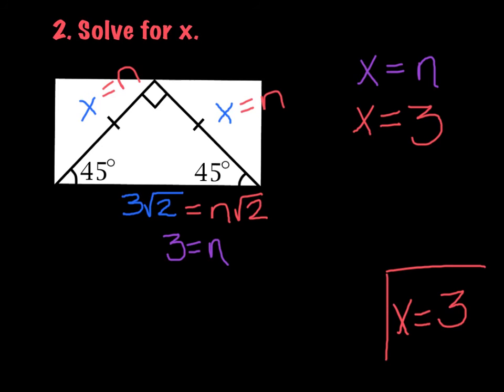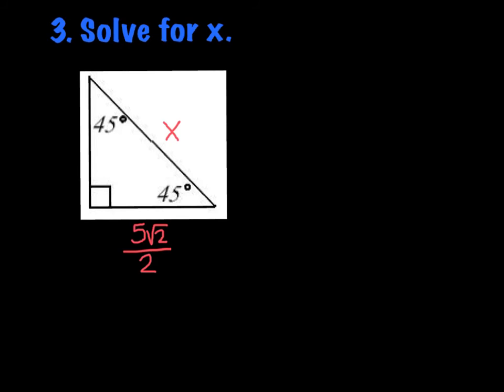Let's try one more. Okay, last problem. Now, once again, we're trying to find the hypotenuse. We're given the length of one of the legs, which we know is the same length as this one. Okay, so let's go ahead and write in our template. So we know that this is n, and n root 2.